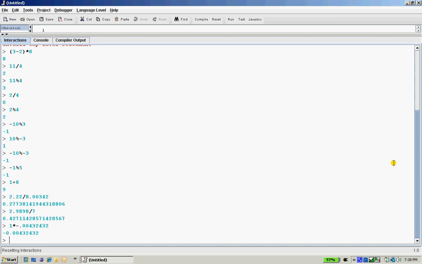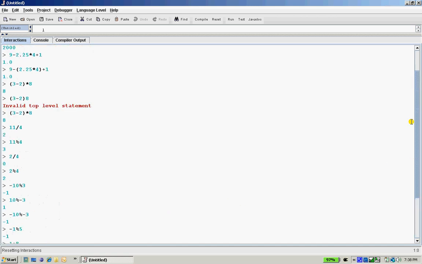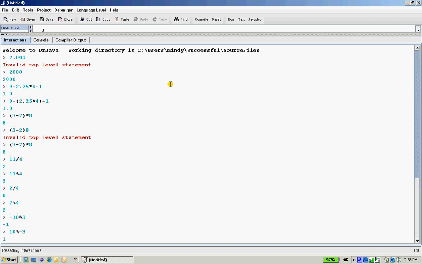So we've looked at using your Interactions pane on DrJava for testing your code. We looked at integer data types, ints. We've looked at doubles. We looked at the use of the explicit multiplication sign, integer division that gives you an integer answer.